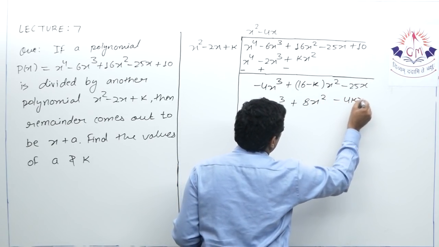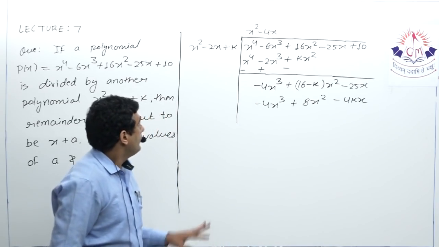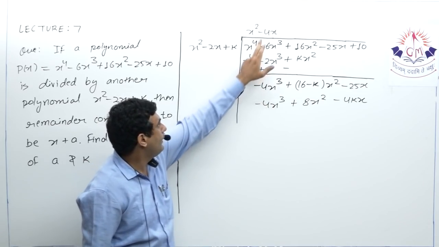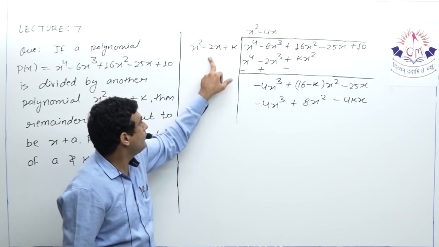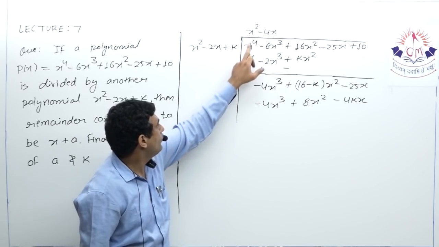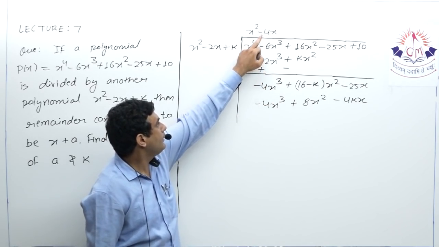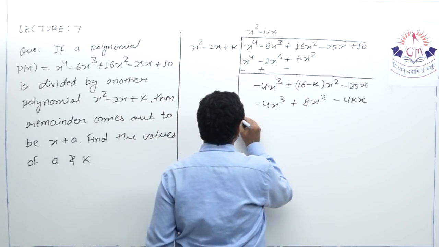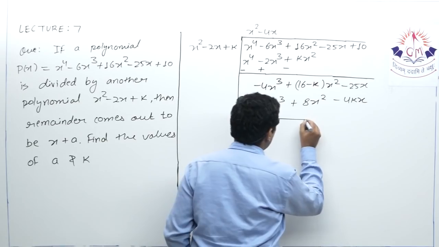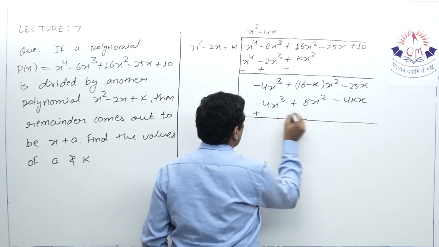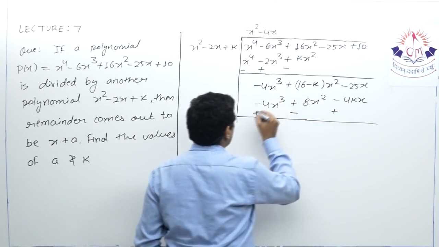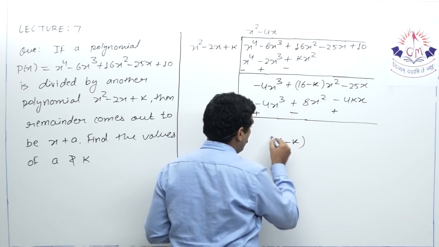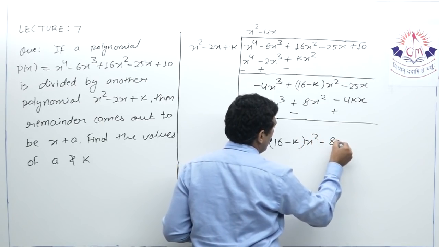Minus 4x into x square is minus 4x cube, minus 4x multiplied by minus 2x is plus 8x square, similarly minus 4x multiplied by k is minus 4kx. Now when I subtract, plus minus plus, this will cancel out. Now here I have 16 minus k x square minus 8x square.